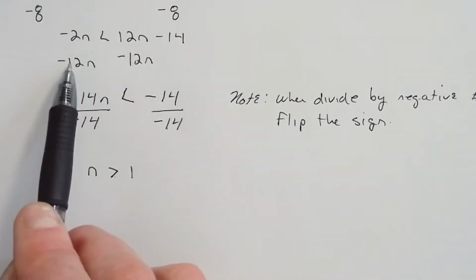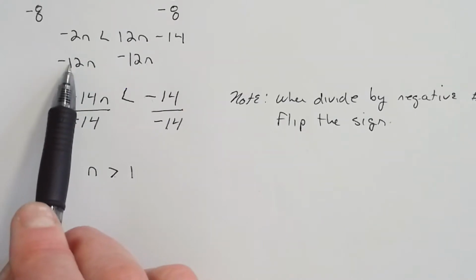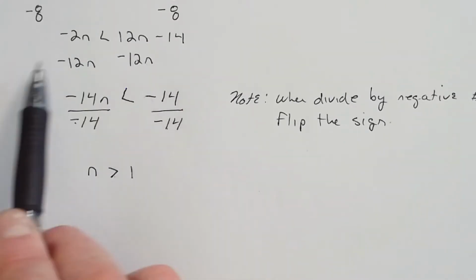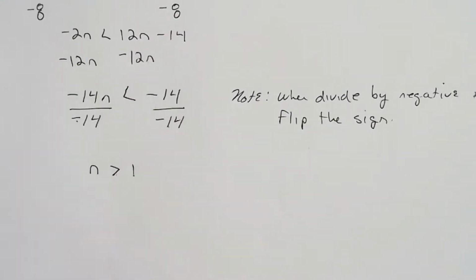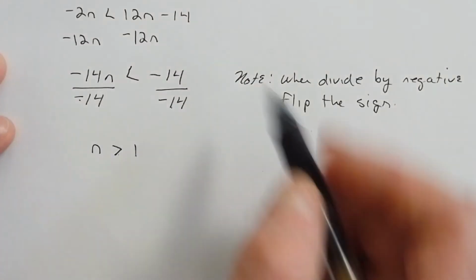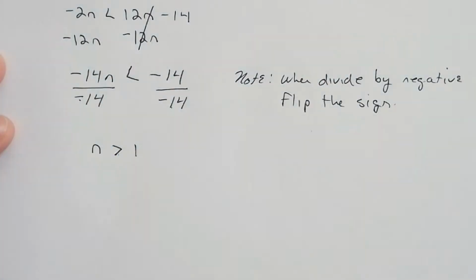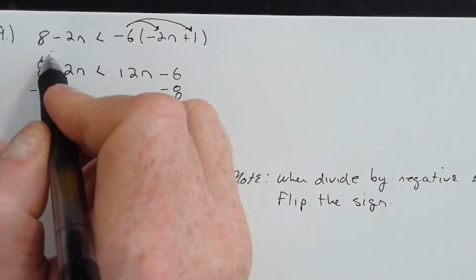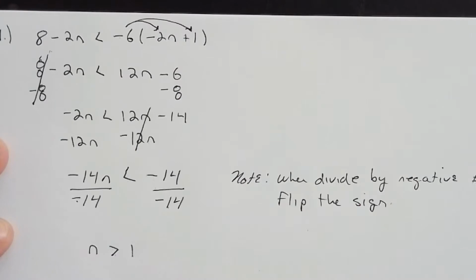But I have to subtract the 12n from the left side too. If I subtract it from one side, I have to do it to the other side. Whatever I do to one side, I must also do it to the other side, always. So on this side, yes, the n's cancel out there, and up here, the 8's cancel out.